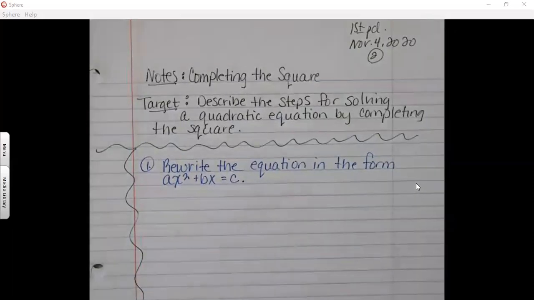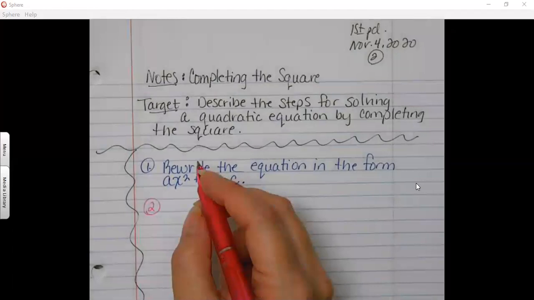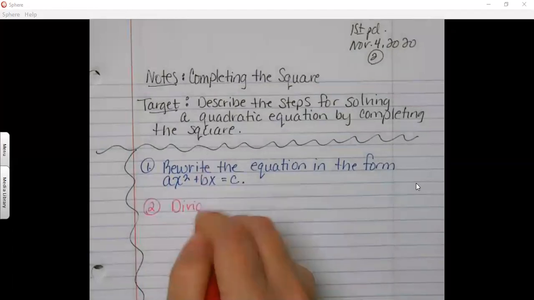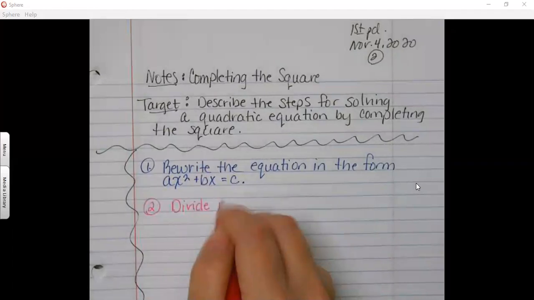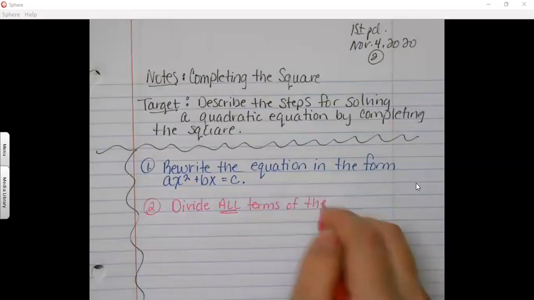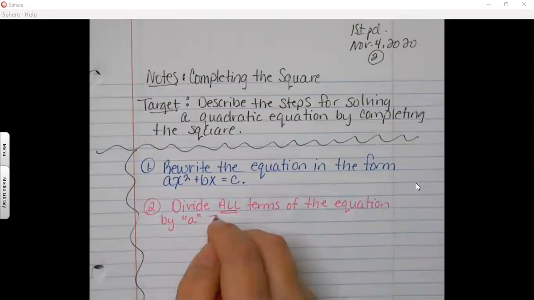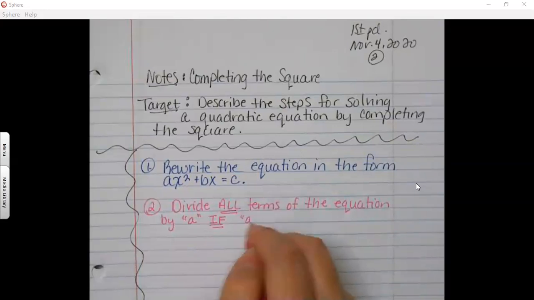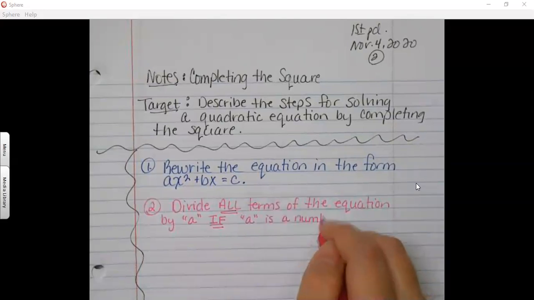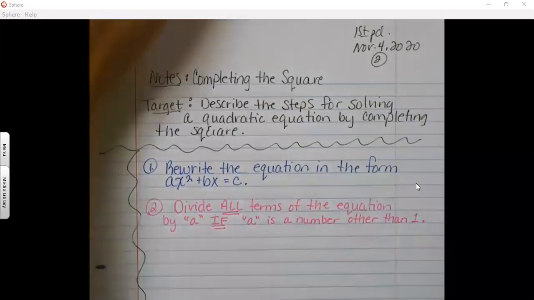Next step, step 2: divide all terms of the equation by a, if a is a number other than 1.